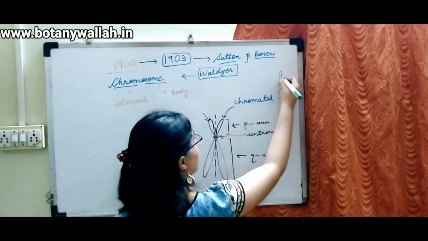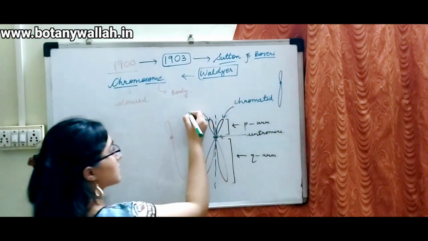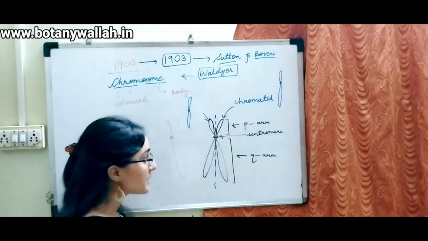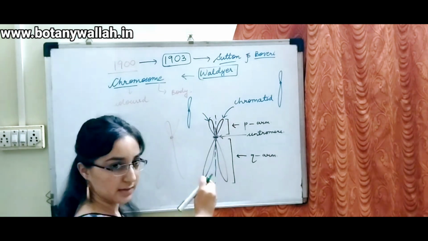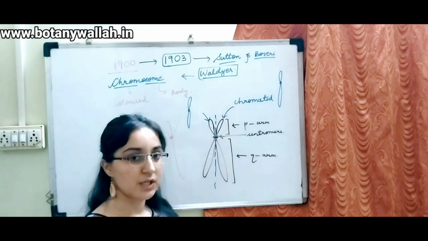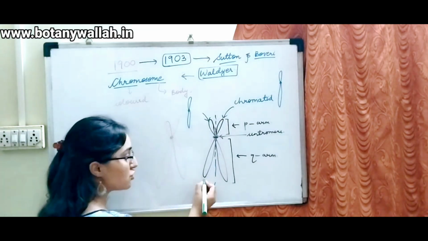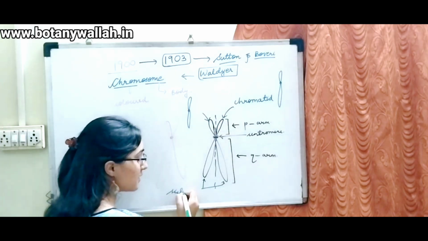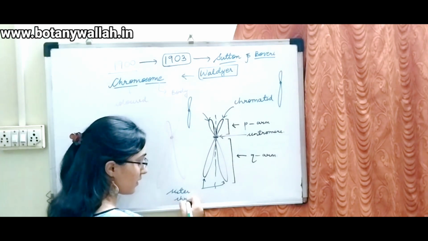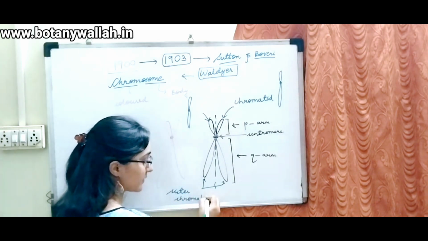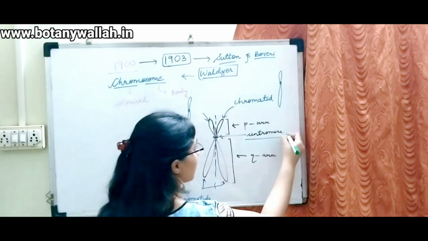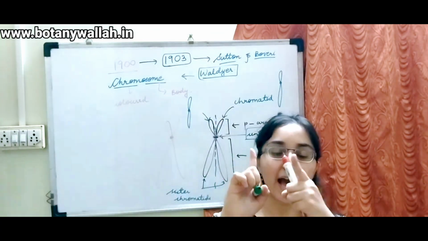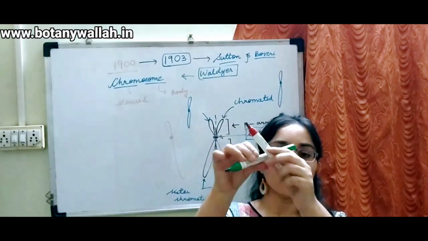Since they are both attached together by one centromere, we call these two chromatids sister chromatids. This is the centromere, which attaches the two chromatids.